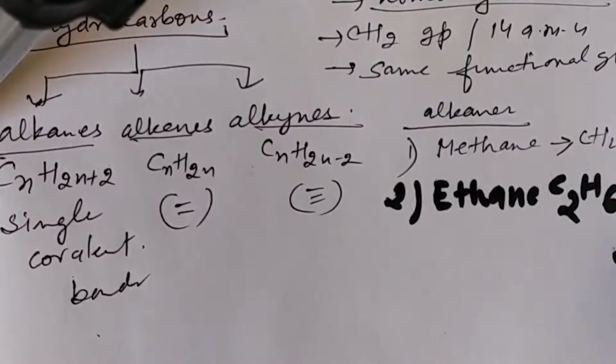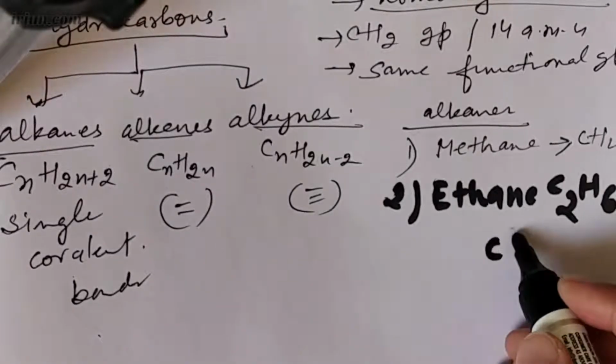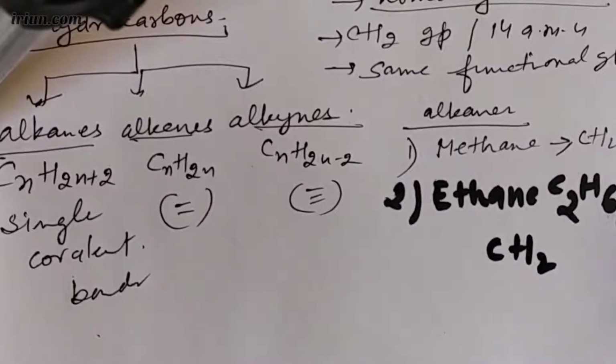What is the difference between the methane and ethane molecules? They differ by a CH2 group, or 14 atomic mass units, and both molecules carry single covalent bonds.